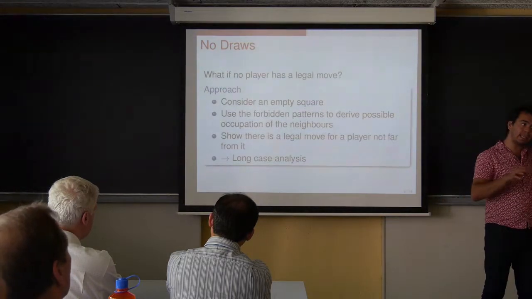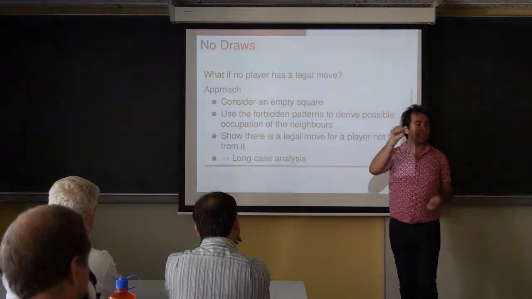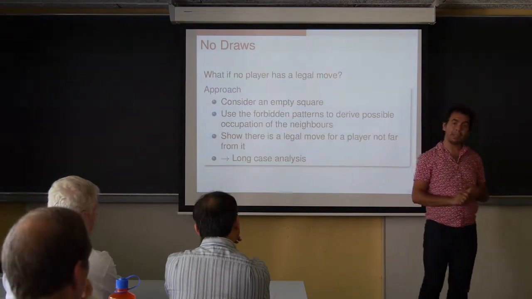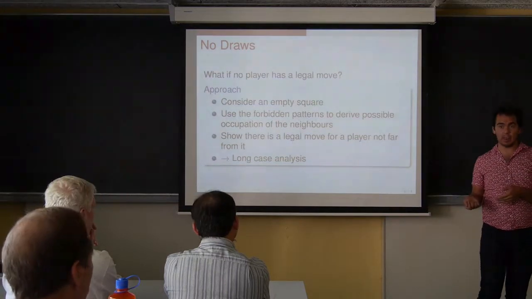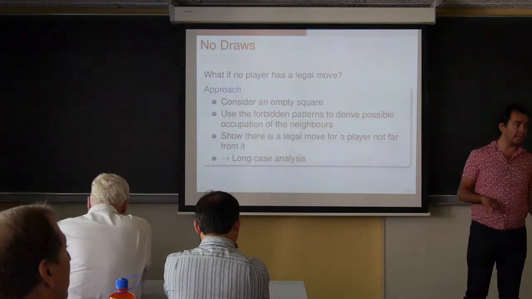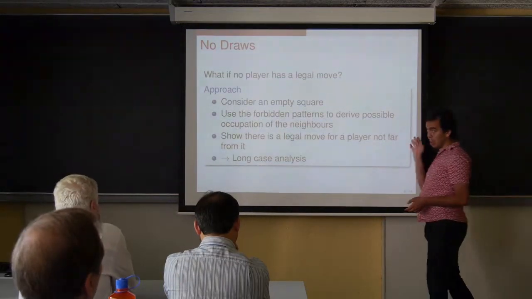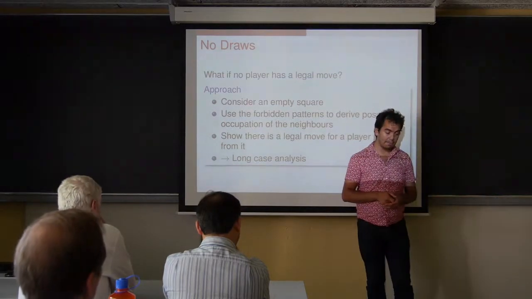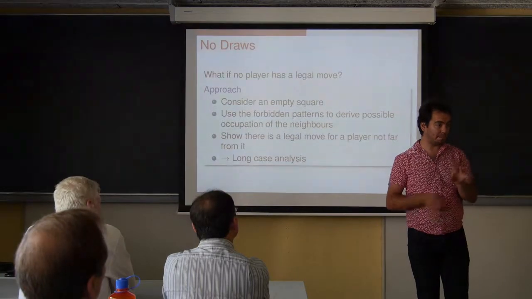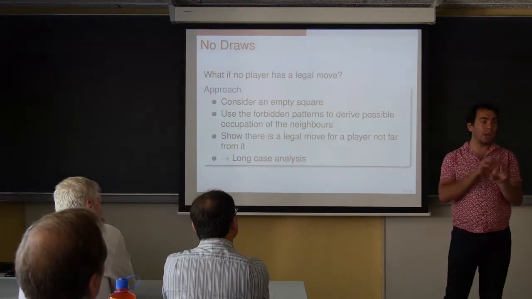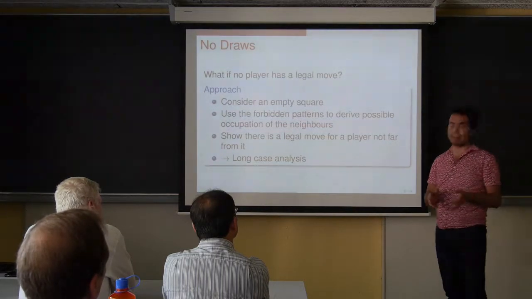And in each of those cases, we look at what surrounding stones there could be. Depending on the surrounding stones, it might be legal to play on that empty square, or it might not be legal. But we show in the paper that even when it's not possible to play on that empty square because of the stones surrounding it, there must be an empty square not too far from there where one of the players can play.